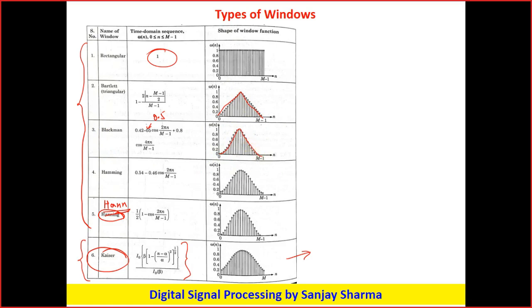Here also you have a cosine function, but there is some offset in the Hamming window, and in the Hanning window it starts from 0 and goes like this. So this is also a cosine. These are different types of windows, and we will be discussing this while we do the numericals.